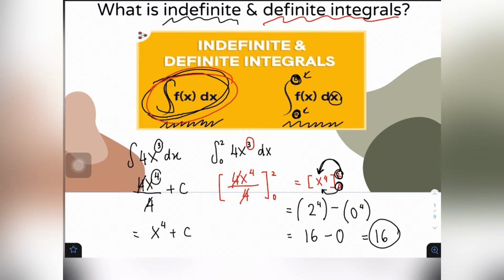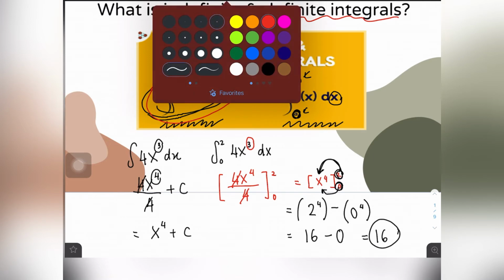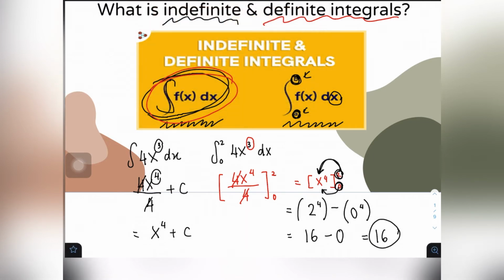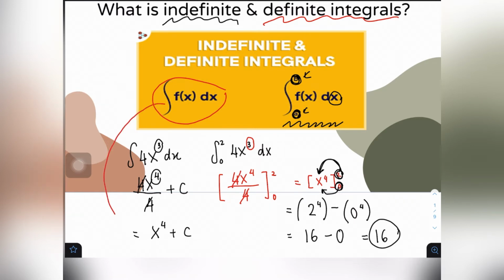So you can see what is the difference between definite and indefinite integrals. If you have an indefinite integral, the one without any limit here, okay, the answer will be in the form of an equation with plus c.